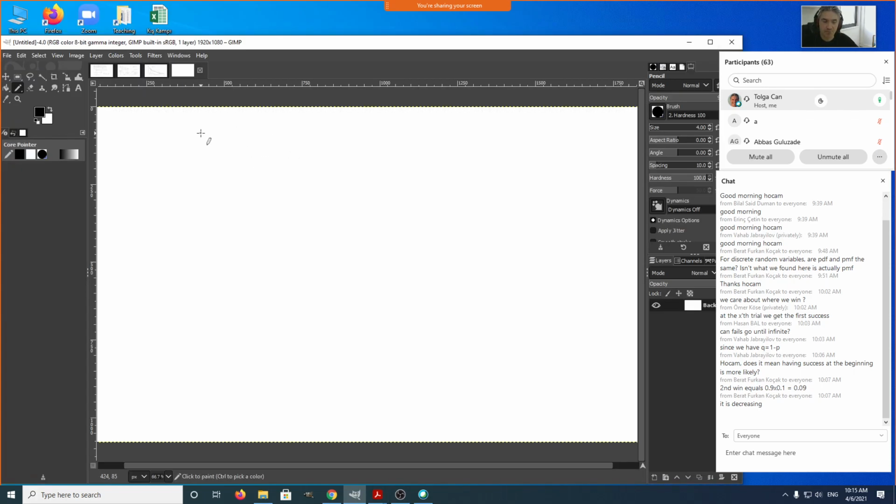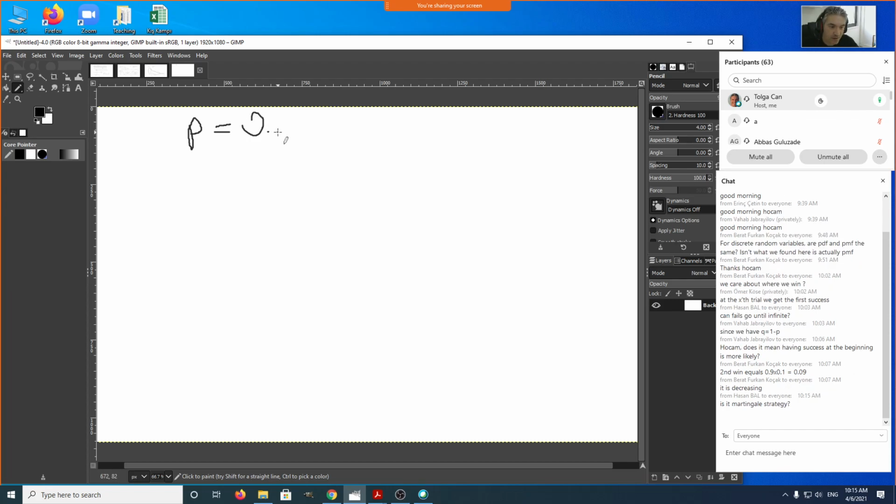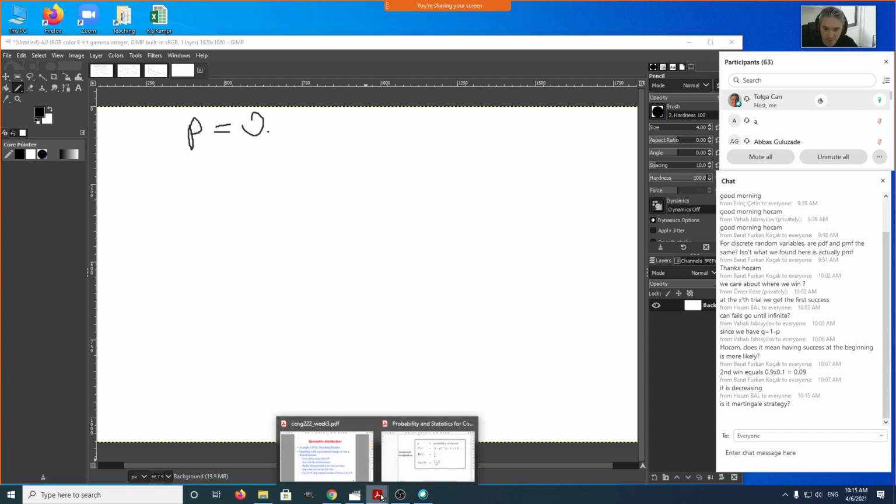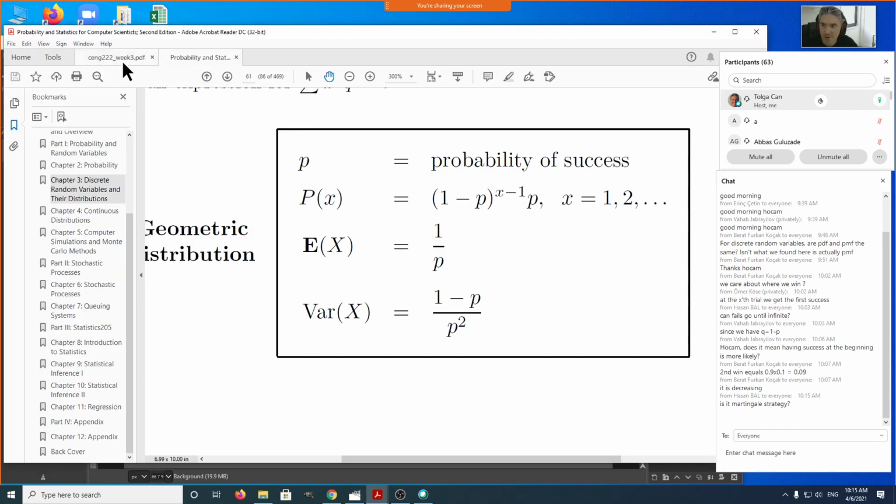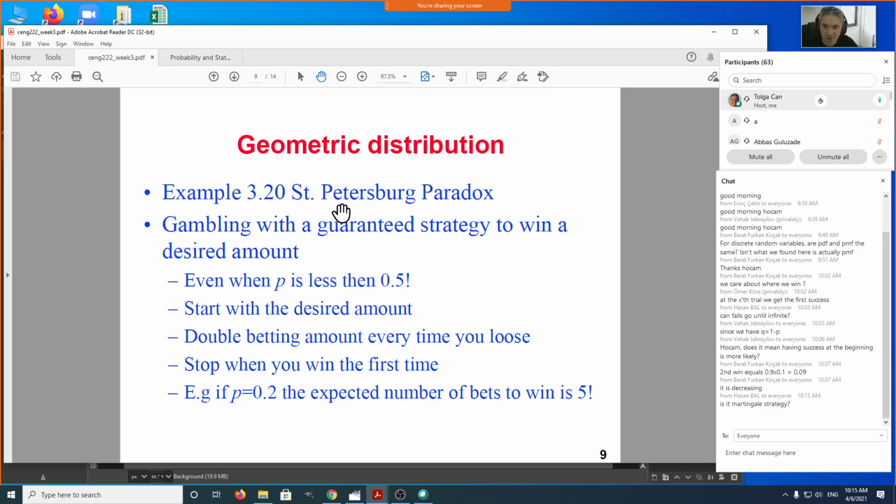So imagine you're playing a game where you're just betting some money, so it's basically gambling. I don't know the name of the strategy. This is the first time I heard martingale strategy. The person who first found this, if I remember correctly, wasn't martingale.